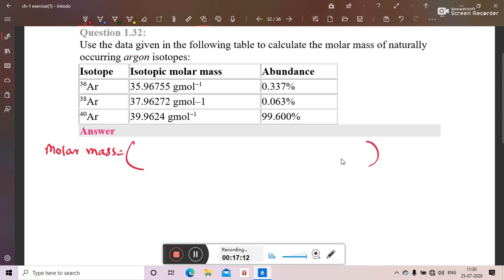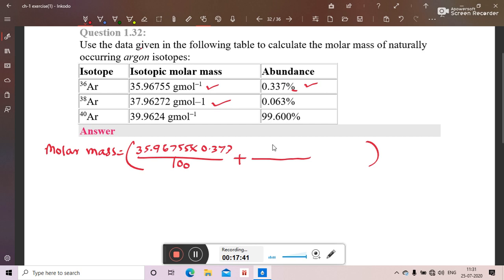Here we have to multiply the molar mass of a particular isotope with its natural abundance. So we'll multiply 35.96755 with 0.377, and when you remove the percentage sign, then we have to write 100 in the denominator.